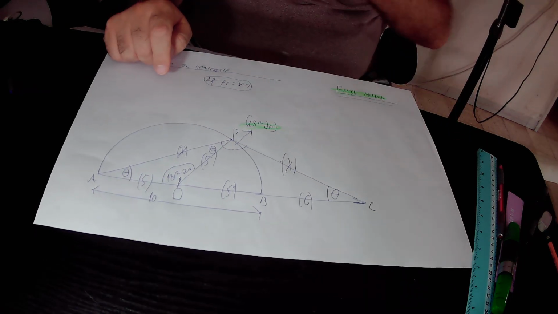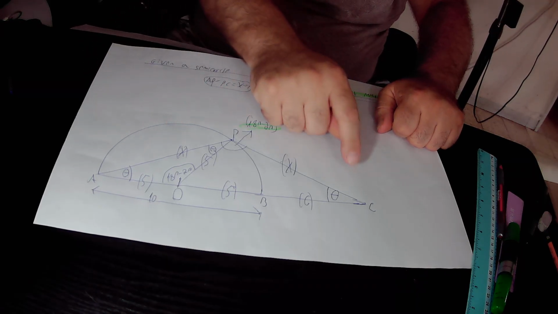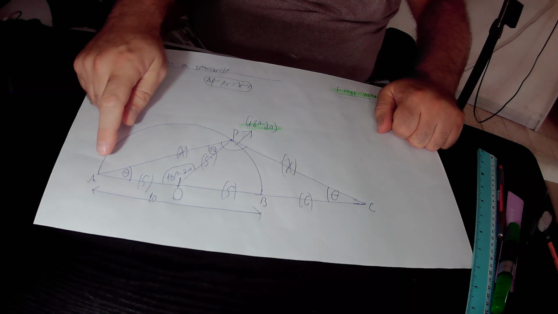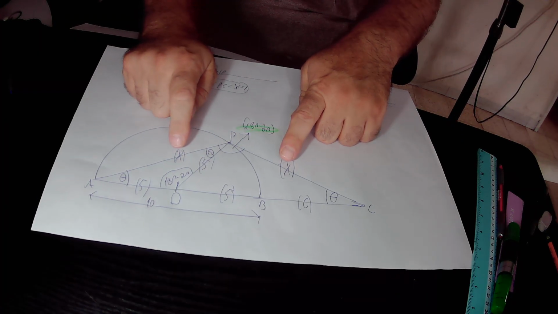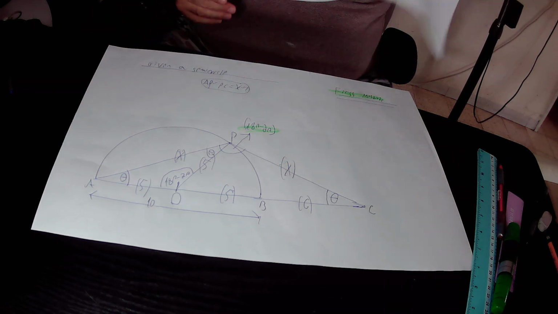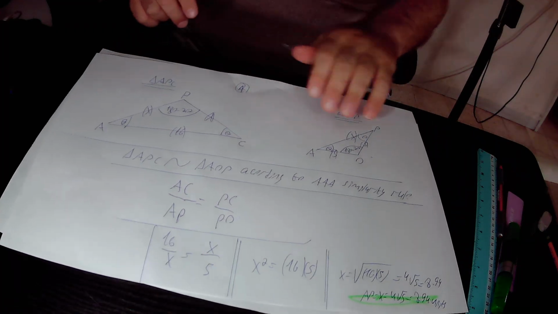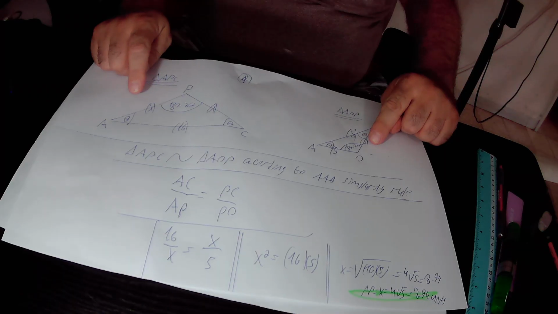In the next step, I copied the big isosceles triangle APC and the small isosceles triangle AOP onto a new page, and we prove that those two triangles are similar to each other according to the angle similarity rule. Those are the two triangles from the original drawing.